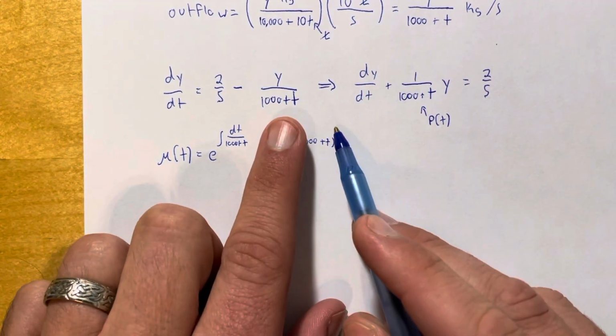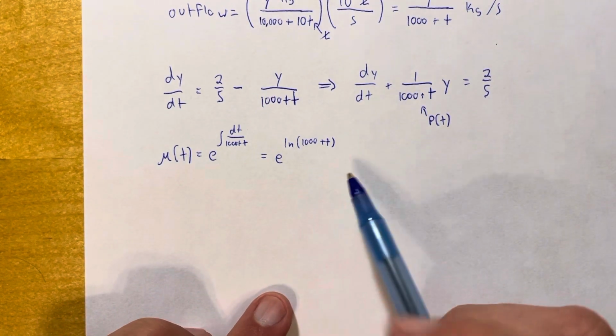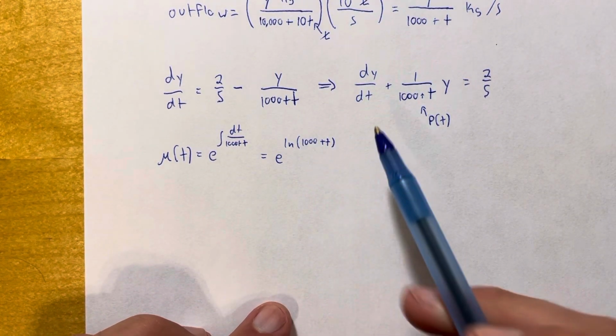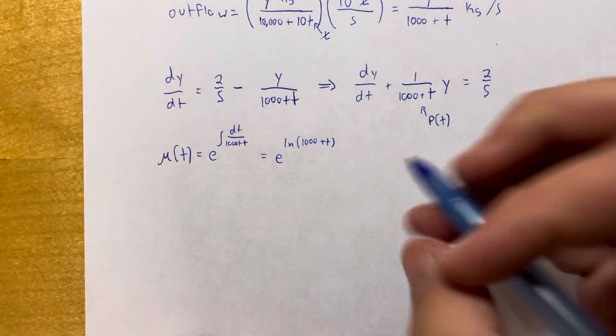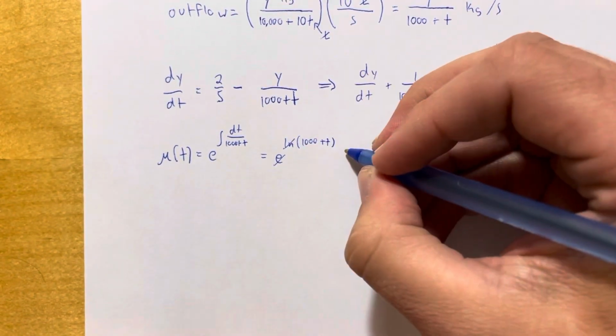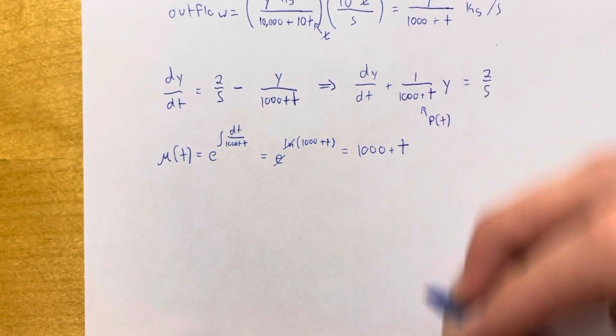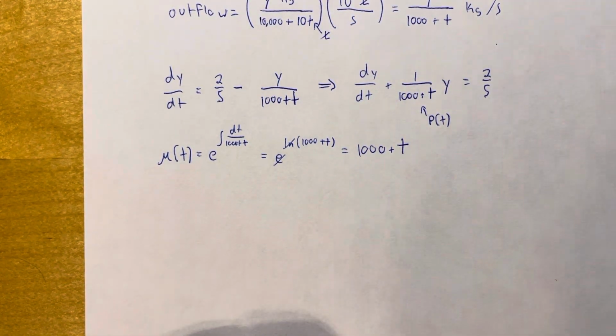Normally you would put absolute value bars here. I don't need to do that since time can't be negative in this problem, so 1,000 plus t is always going to be some positive number. The e and the natural log cancel, and I get 1,000 plus t as my integrating factor.